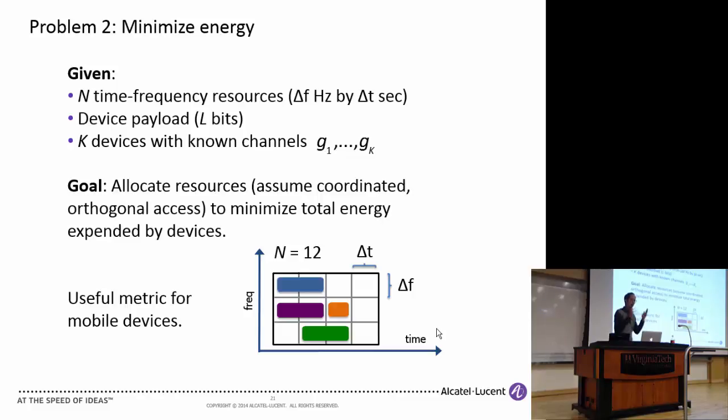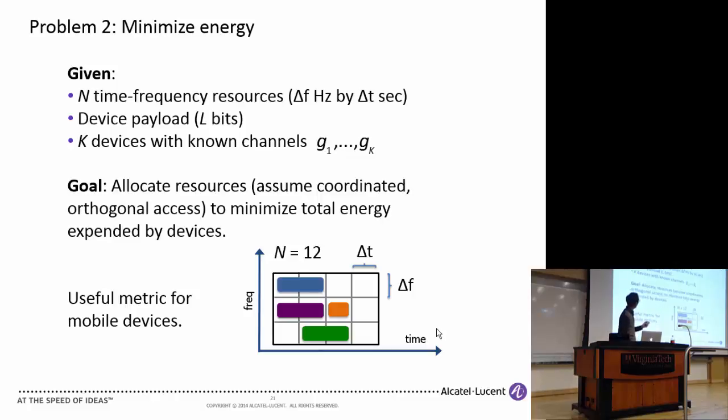And so now we're thinking in a scheduled, coordinated mindset. So we're not in the uncoordinated random access mindset. Think about a scheduled system. We want to allocate resources to these K users in a way such that we minimize the total energy expended by these devices.